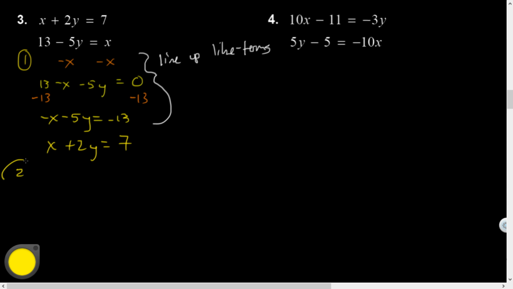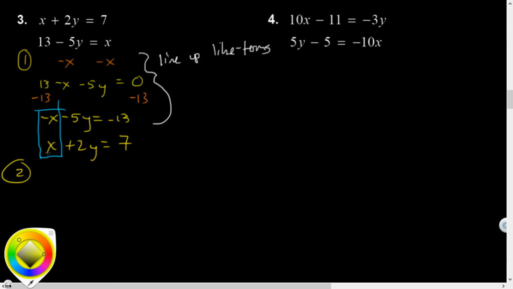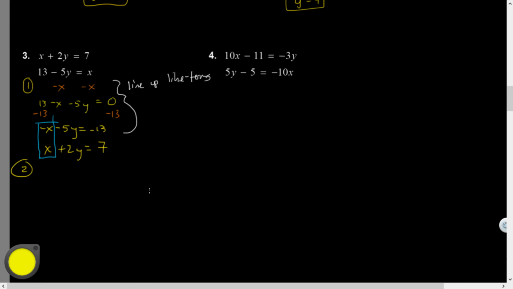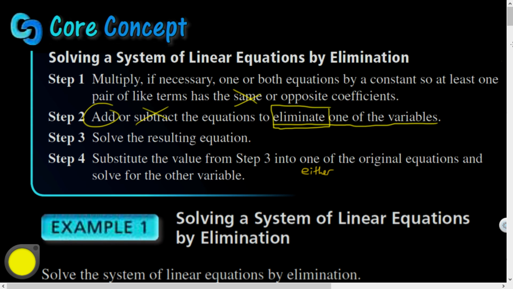All right, so now when I do step 2, first of all, do I have opposite coefficients? Right, the x's were opposite, +1 and -1. So let's add them up. Oh dear, that was crazy. Did you just see that? Let me go back up here.